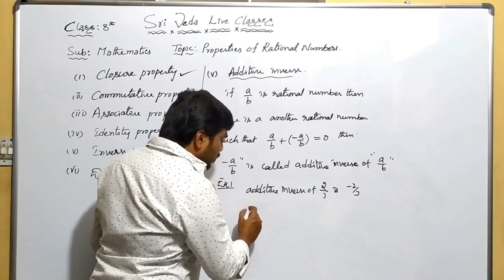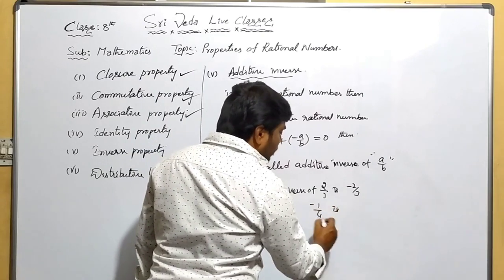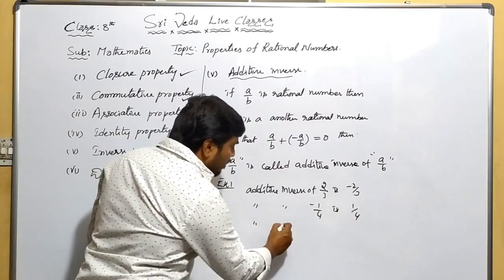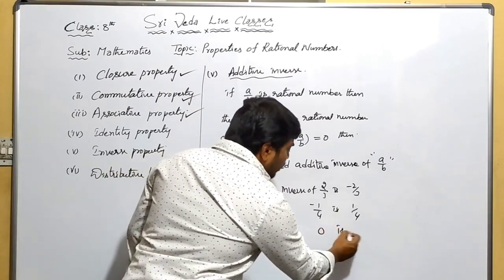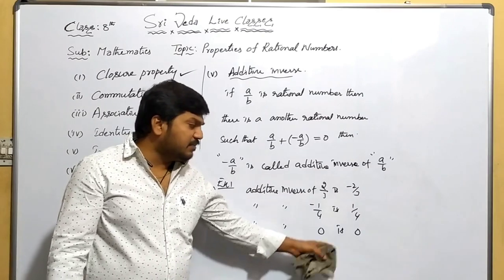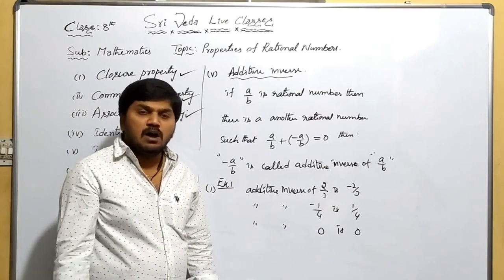The additive inverse of 1 by 4 is minus 1 by 4. So what is the additive inverse of 0? Minus 0, which is 0. Okay, understood now. The additive inverse of 0 is again 0 only. So 0 is neither positive nor negative.